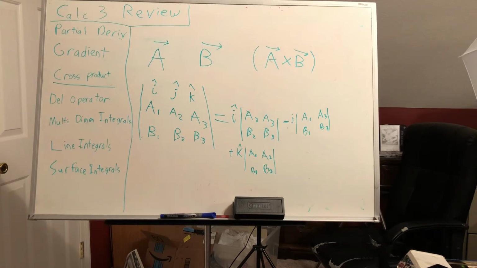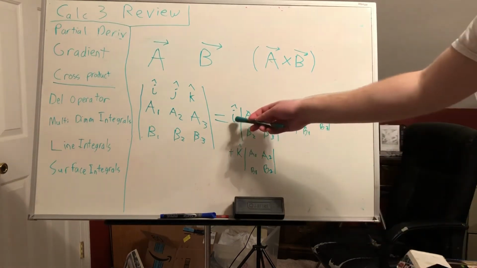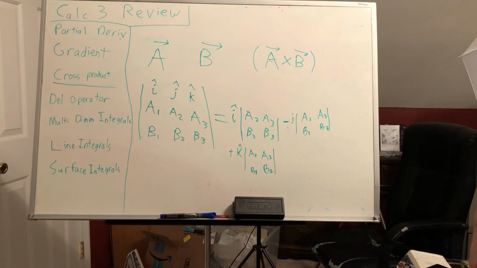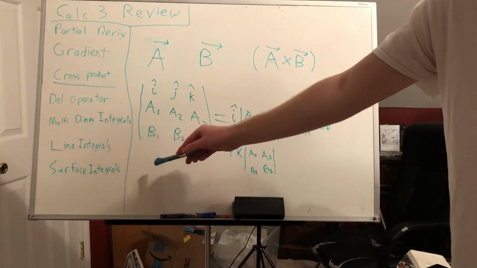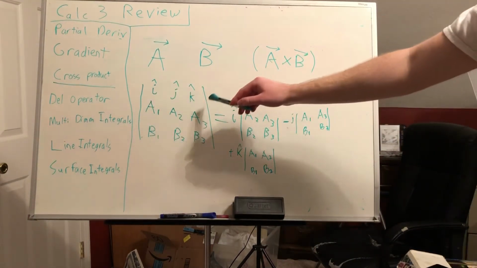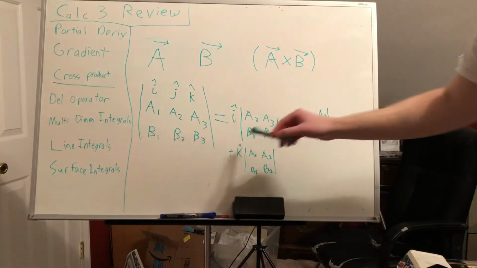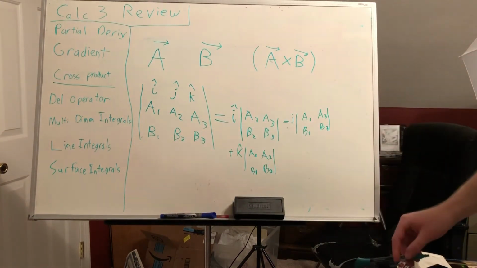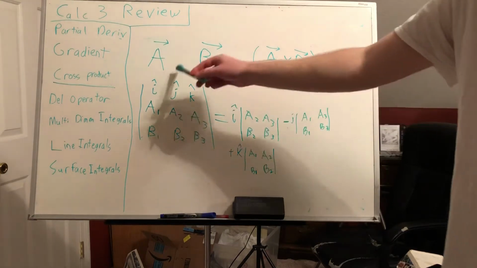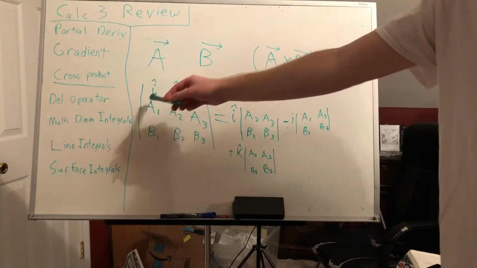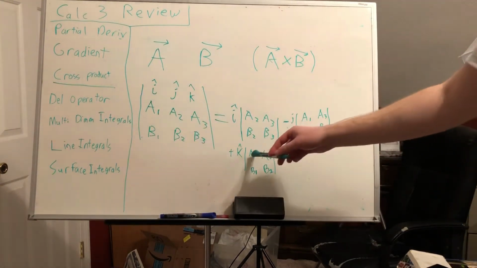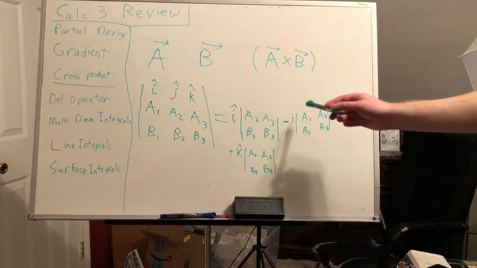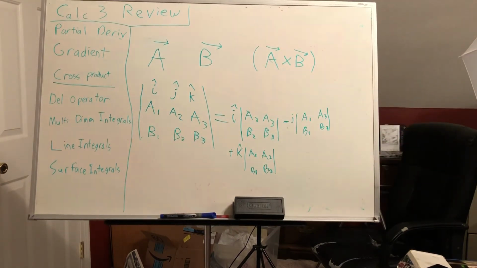But sort of the idea is, let's say we take I as our first element, then we just ignore this column right here and this top row. So we make a smaller determinant of what's left. Do the same thing for J, we take out that column, that row, determinant of what's left. Final thing with K, you just need to throw a minus sign on the J.